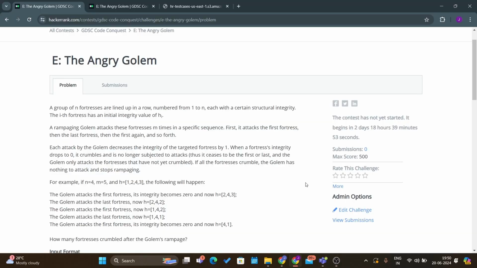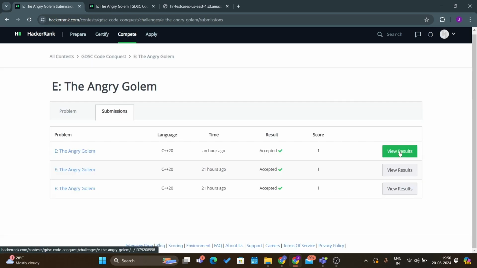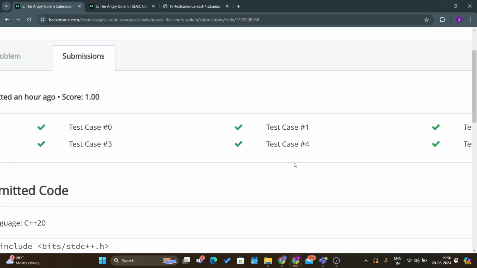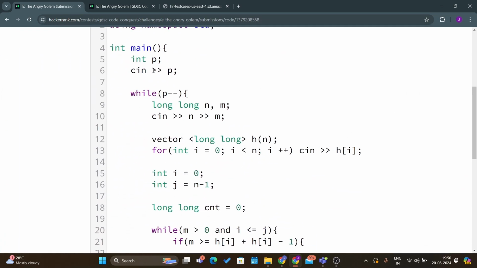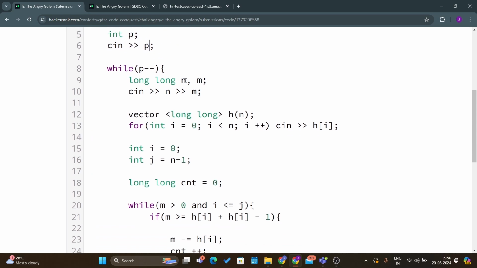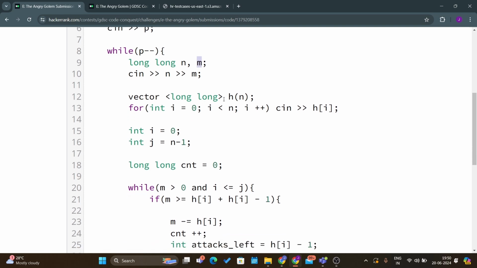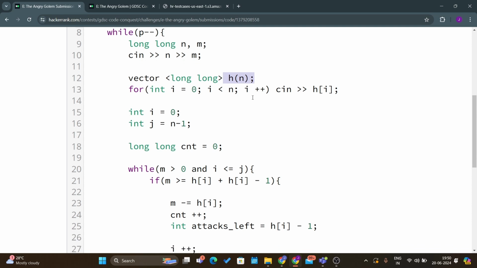Now we will discuss the implementation for the problem, the angry golem. Initially we are inputting P, which is the number of test cases, and we are inputting N and M, where N is the number of fortresses, M is the number of attacks the golem has, and the vector of h will store the structural integrity of each of the fortresses.